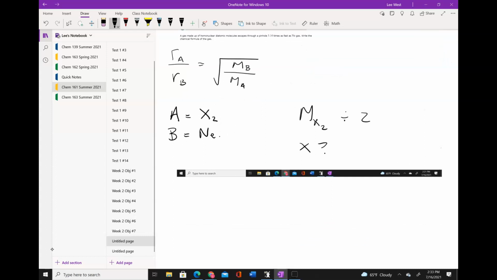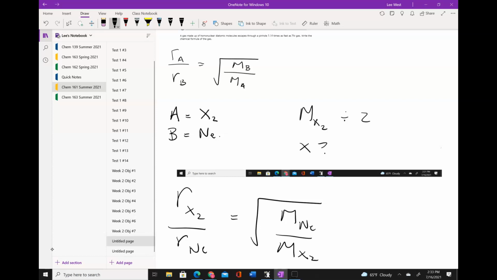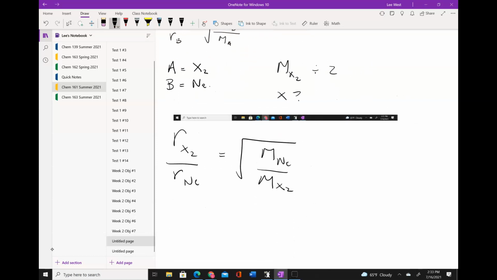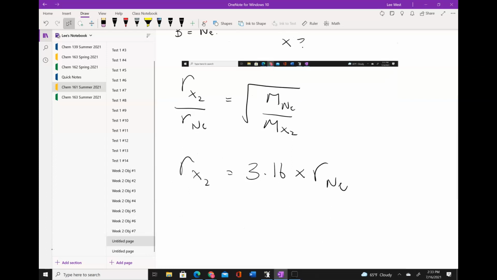Remember what I said, that A is my X2, so the rate of effusion of my unknown gas over the rate of effusion of neon is equal to the square root of the molar mass of neon over the molar mass of my unknown gas. And what's really cool is that we were told the rate of effusion of my unknown gas was 3.16 times the rate of effusion of neon.